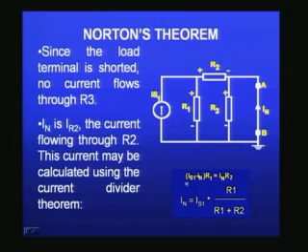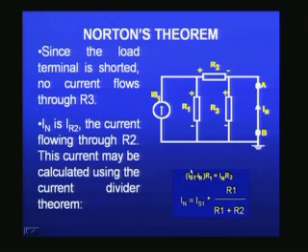So, I have written the equations here, and you can calculate the short circuit current IN, which is actually the Norton's current source, obtained from the source IS1 multiplied by R1 divided by R1 plus R2. This is the equivalent Norton's current.